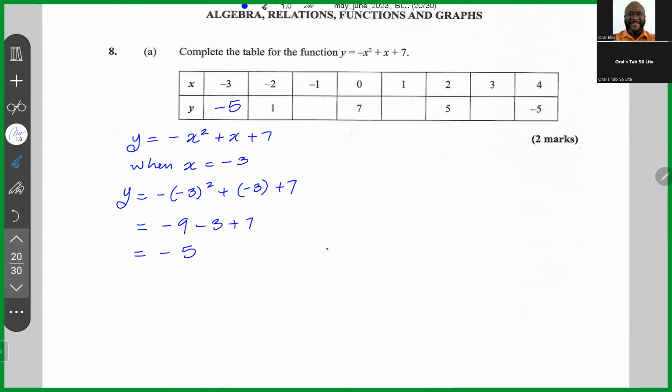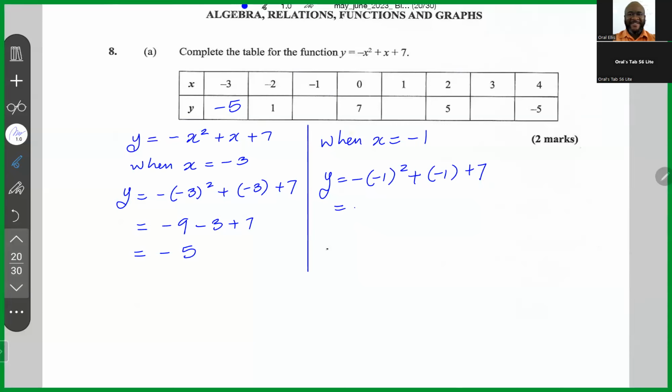Now the value of y when x is minus 1 is also missing. So I'm going to say when x is equal to minus 1, y would be equal to minus 1 squared plus minus 1 plus 7.